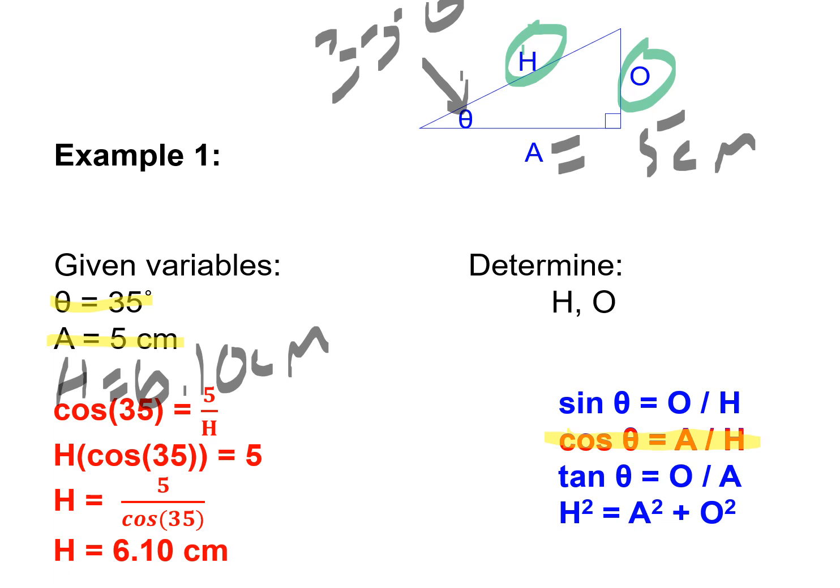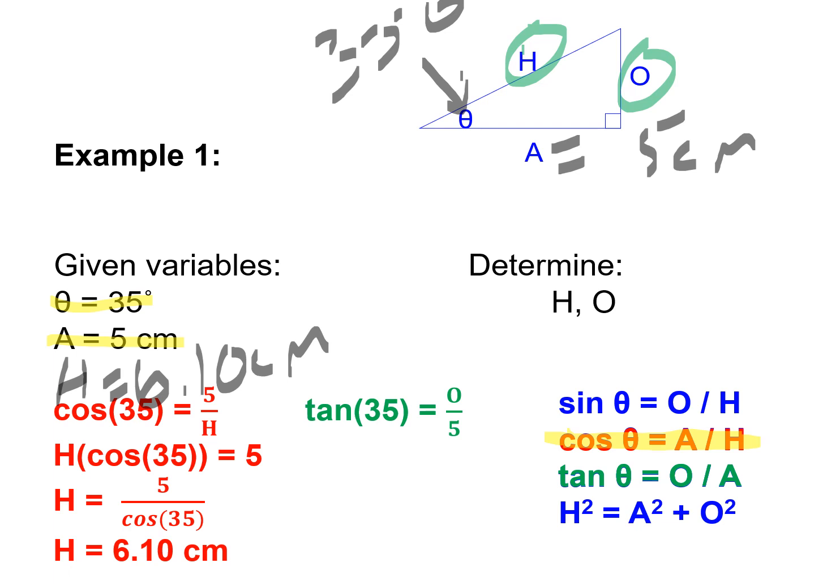So now we only have one last thing to do. We could do two things. We could either use the Pythagorean theorem, h squared equals a squared plus o squared, or we could use one of these trigonometric functions as well. But let's use tangent, because why not? We'll just make it a little bit tougher on ourselves.